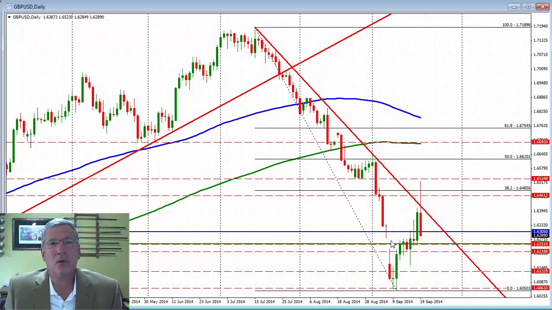Included within that move was a gap lower here. This was off of a weekend where polls started to show more of a yes vote for Scotland forming their own country. That was a huge worry to the market and forced the market all the way down to the 160.50 low that we saw this month.